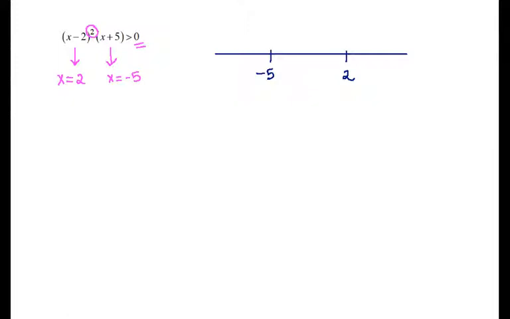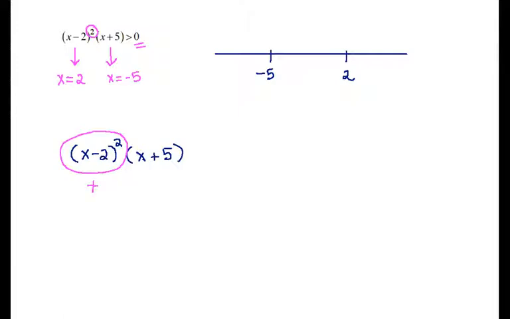All right, so next we need to figure out the sign pattern here. The fact that the first factor is squared actually makes this a little bit easier. Thinking about our sign patterns, in the last example, we set up a sign for each factor, but notice a squared factor can't be negative, right?